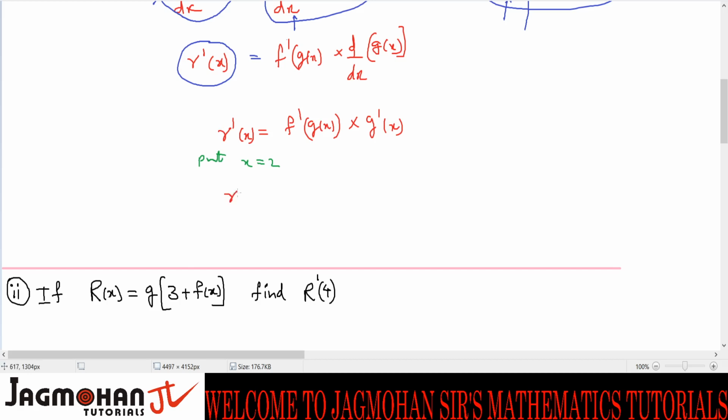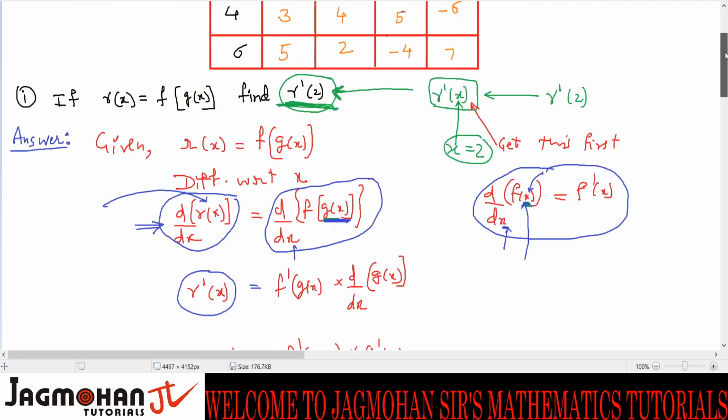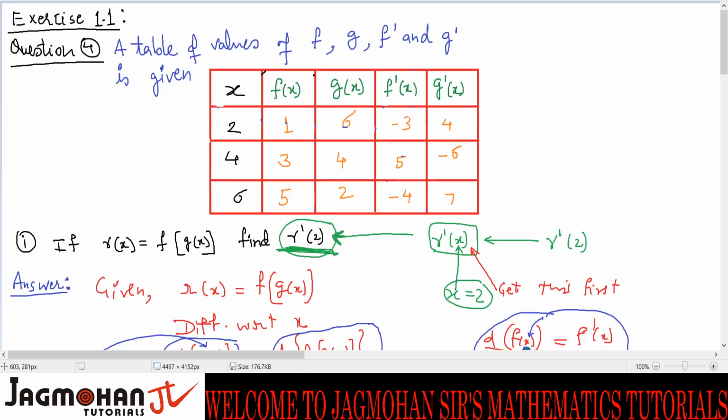I get r dash 2 equals to f dash g of 2, everywhere x is replaced by 2, multiplied to g of 2. I'm sorry, g dash 2. What is g dash 2? Under g dash x, g dash 2 is 4.